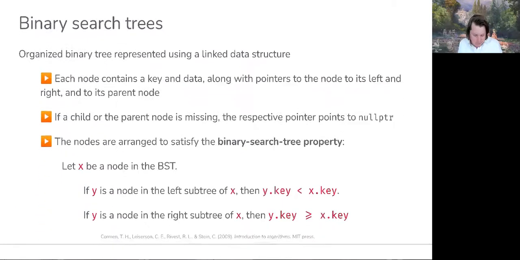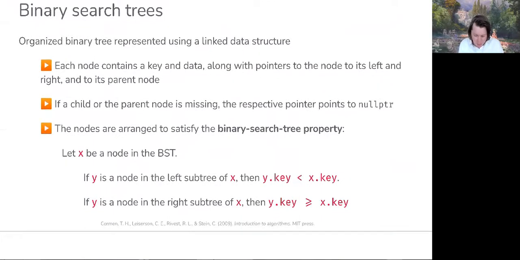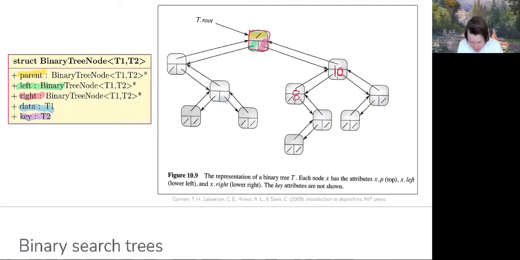Now we said that if Y is in the right subtree of X, then Y is going to have a key value greater than or equal to X. So this could be the case of, say, 15 over here. And notice that this property is going to be maintained at all times within a binary search tree.